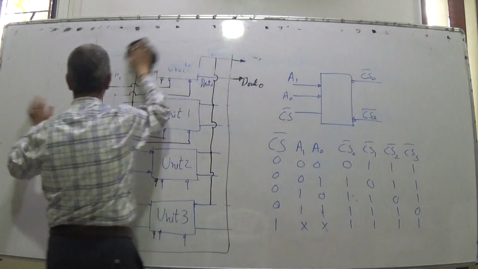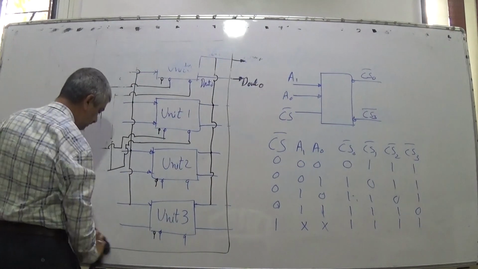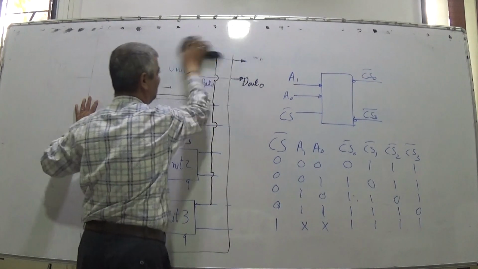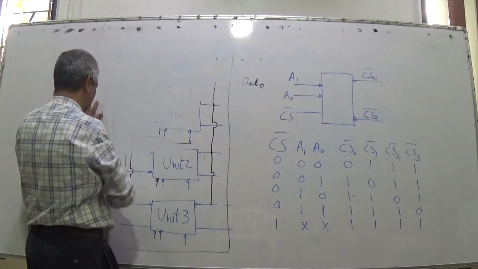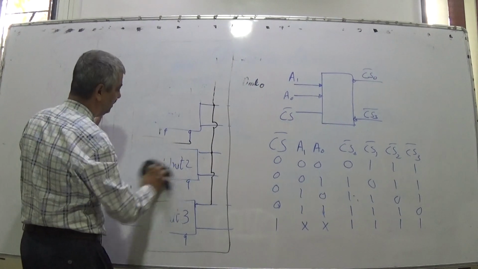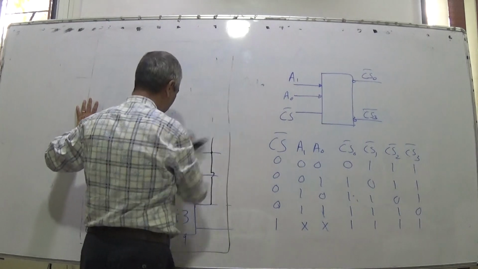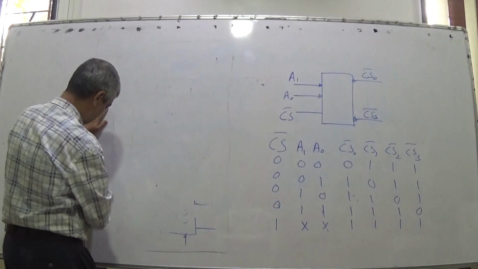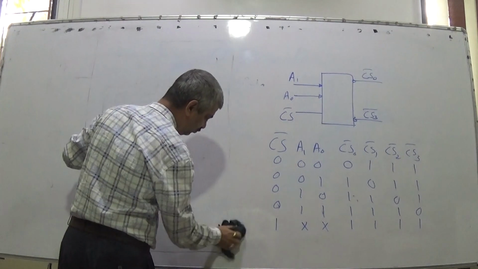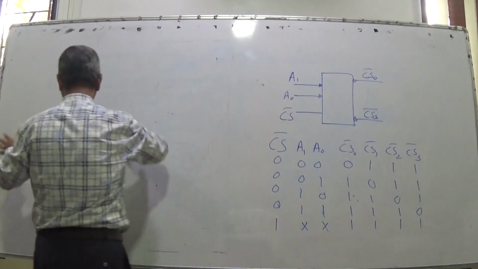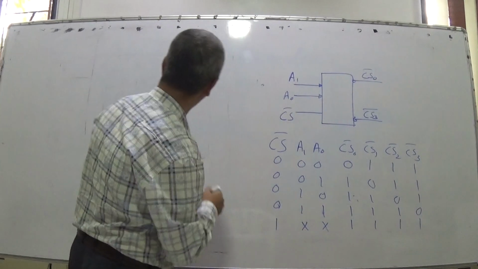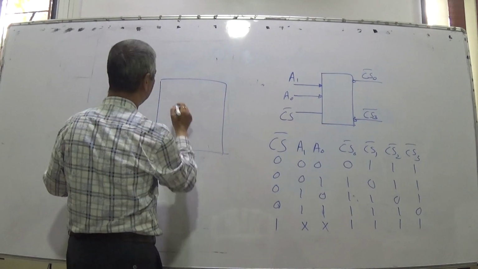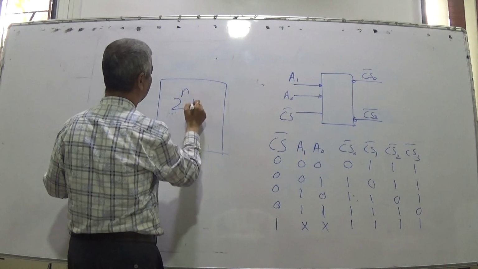In general, with this we are able, and multiple such 4 byte cells we can combine into 16 byte cell, 32 byte cell, or in general we can have any size memory cell, say 32, 64, whatever it may be. So we can have a memory cell of the size 2 raised to n byte size.